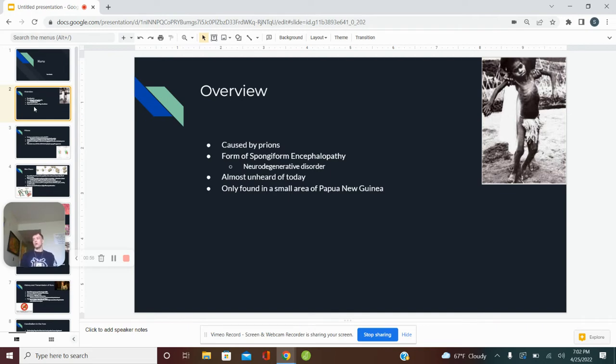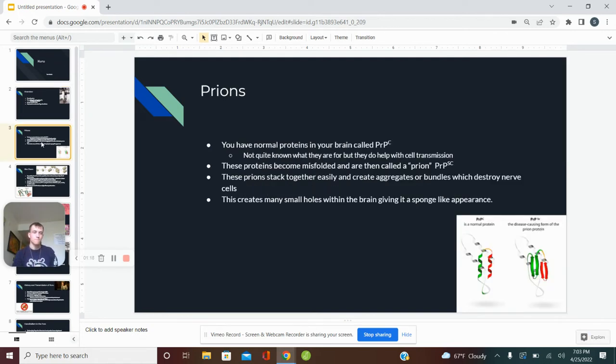Kuru itself is almost unheard of today. I believe the last case was in 2009, and that person was born before 1959 when the practice that transmits it was outlawed. And it was only found in a very small area of Papua New Guinea because of one of the local tribes there.